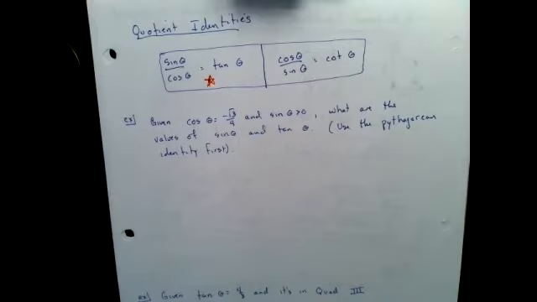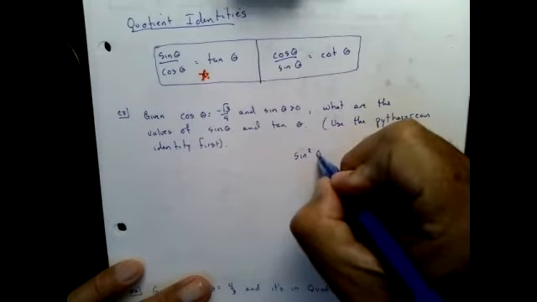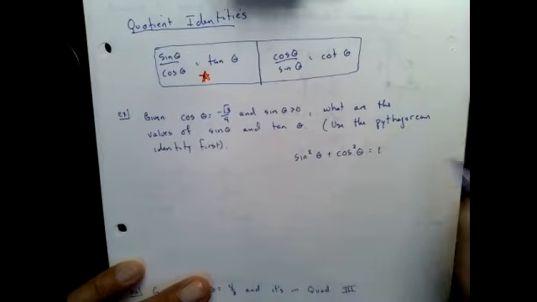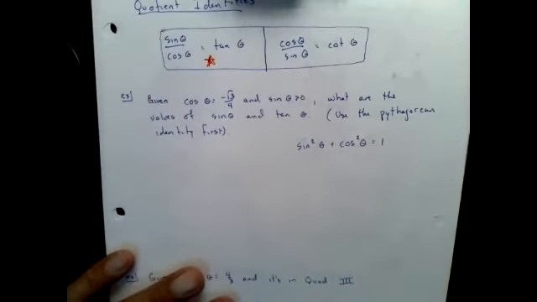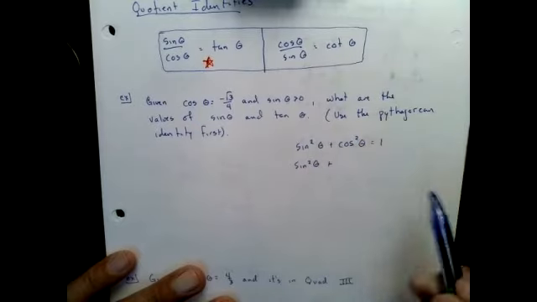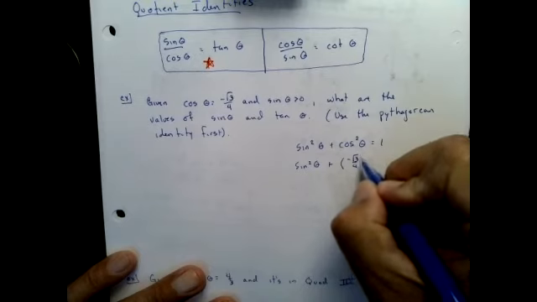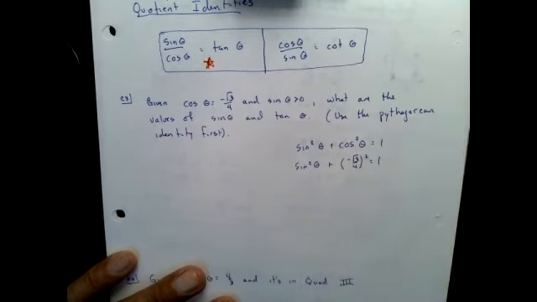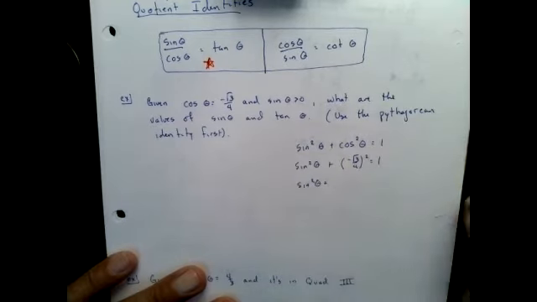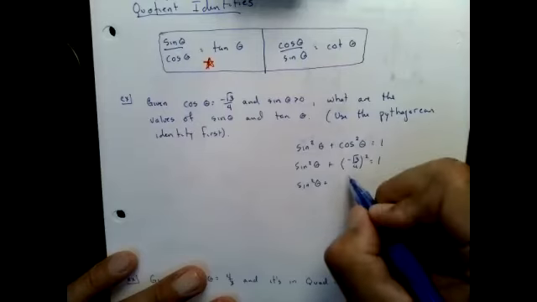Well, the Pythagorean identity says sine squared of theta plus cosine squared of theta equals 1. Sine squared of theta plus negative 3/4 squared equals 1. I believe I get 3/16 here.